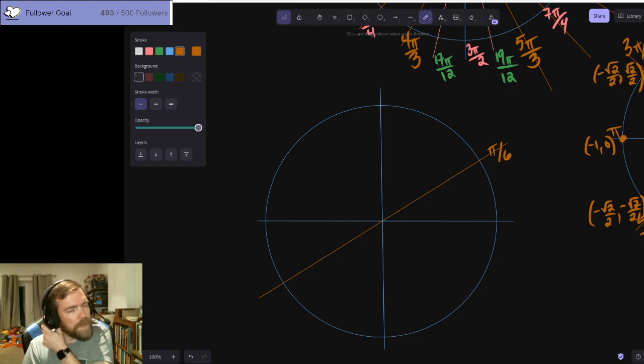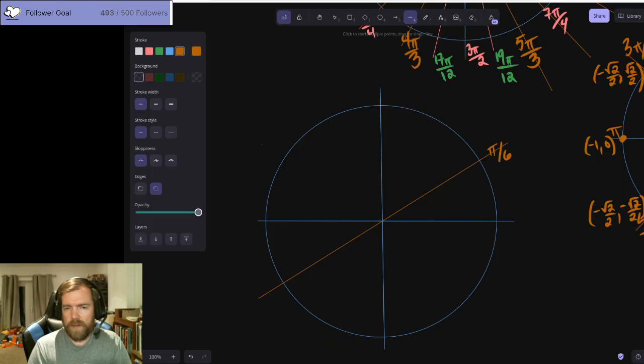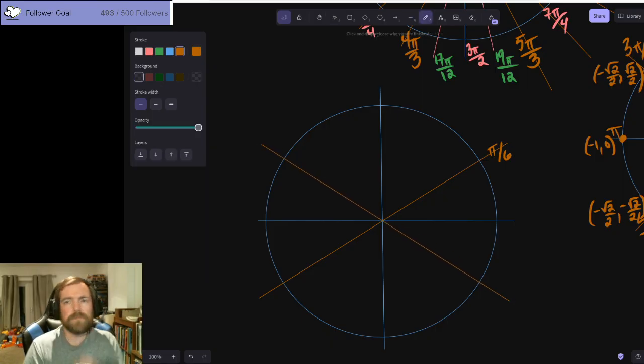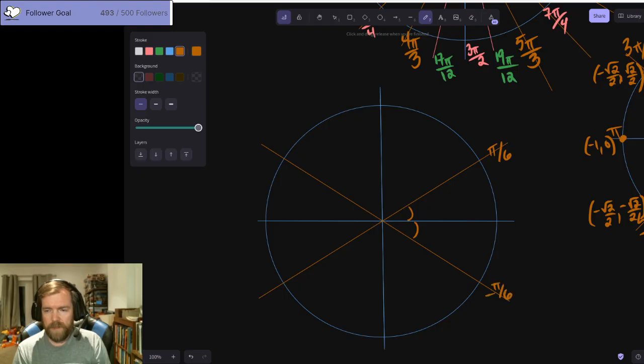But if we just leave it here for now, and we also create an exact replica of it going in the opposite direction, this pi on 6 and this pi on 6, although in this case it's going to be negative, i.e. going in the other direction, these are still equal angles, and they have a value of 30 degrees each. What have we just built?